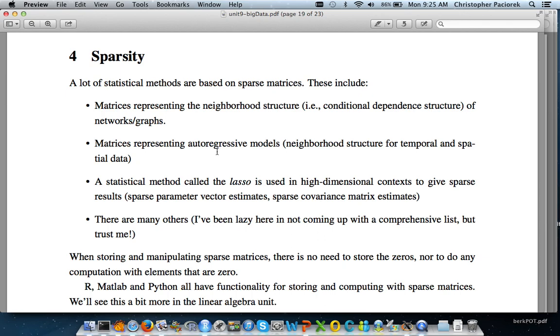And when you have sparse matrix functionality built into the given software that you're using, the matrices are going to be stored without storing all these zeros, and the computations are going to be done without doing any of these additions or multiplications by values that are 0. So we can basically reduce the number of computations down quite a bit.